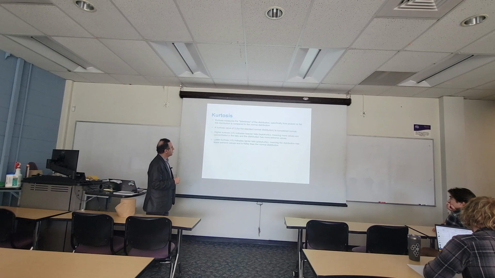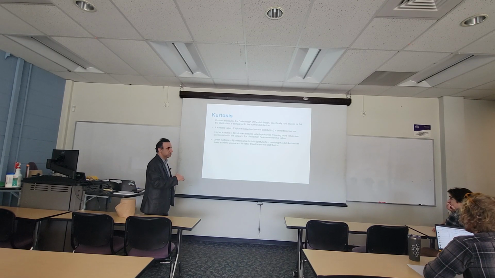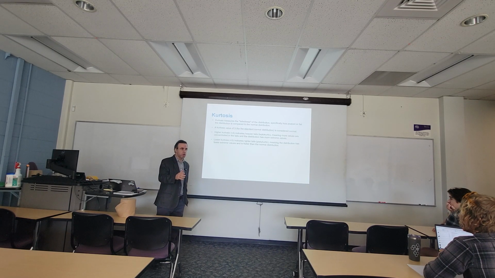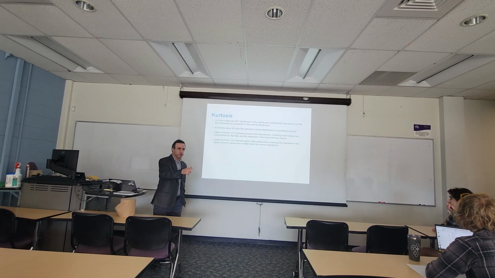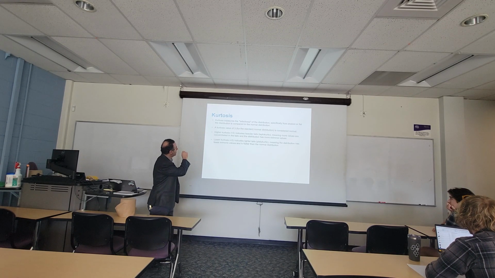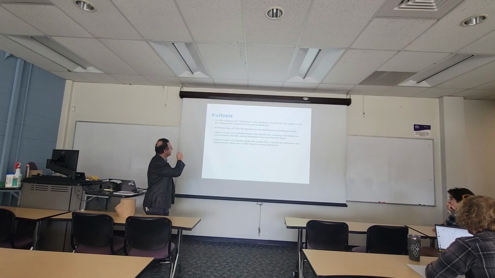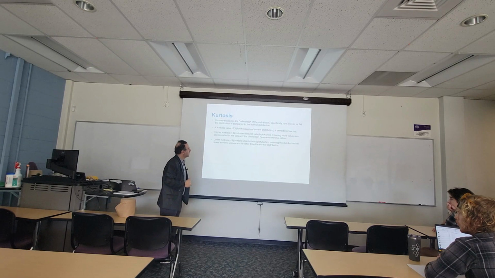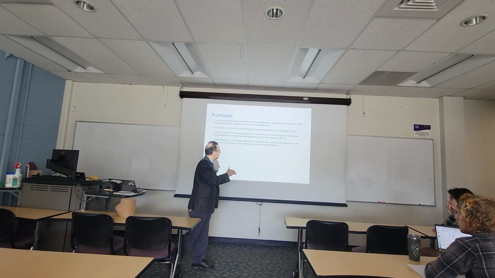If you have a factor around 3, that distribution is normal. Okay, not only the previous skewness you have to consider, but also you need to look at this one, kurtosis. Okay, so number 3 means your distribution is normal.